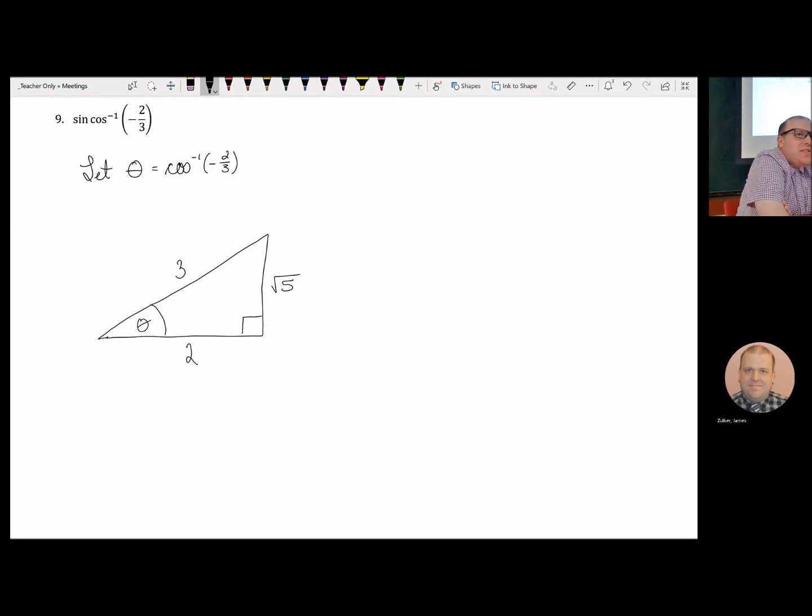If it was negative, I'd just put a negative out in front. So what is sine of theta?